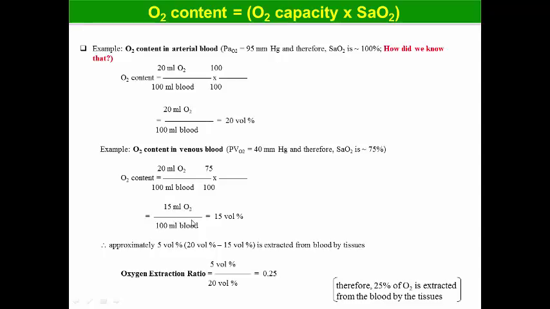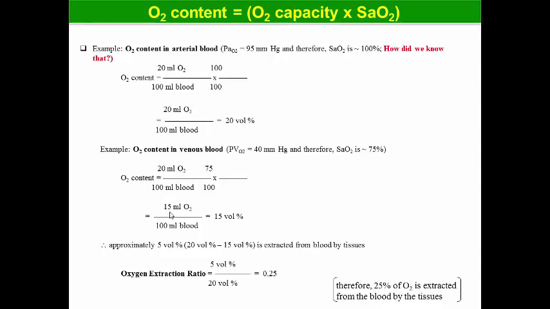In other words, in each 100 milliliters of oxygenated blood flowing through the tissues, we have 20 milliliters of oxygen. And in each 100 milliliters of venous blood leaving the tissues, we have 15 milliliters of oxygen. So from each 100 milliliters of blood flowing through the tissues, only 5 milliliters of oxygen are extracted at rest.